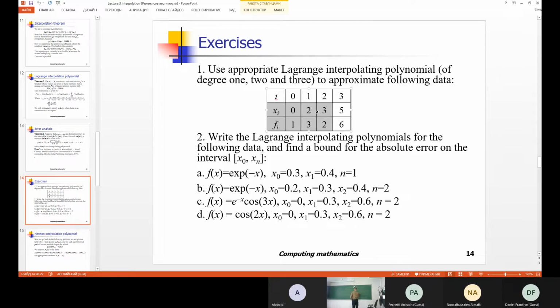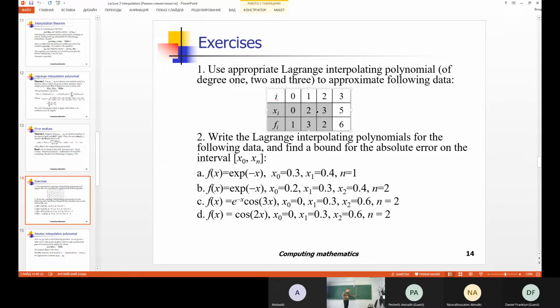We have 1 over 6 times x squared minus 5x plus 6, minus 9x squared plus 27x, and here are 4x squared minus 8x.